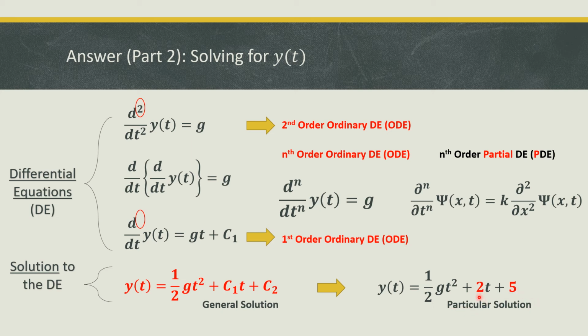In this case, because of the conditions that we are given, we cannot use any other c sub 1 and c sub 2. The lesson here is that for a problem involving differential equations, if you are not given conditions, then all you can get is a general solution. But if you are given more conditions, then you can get a particular solution, which is more specific to the given problem.